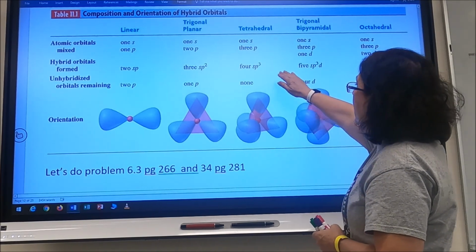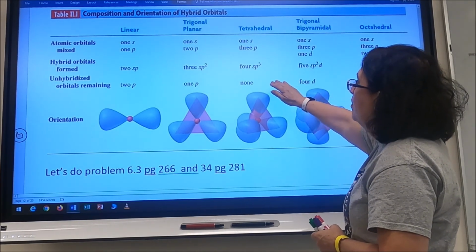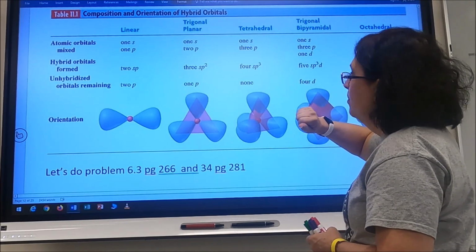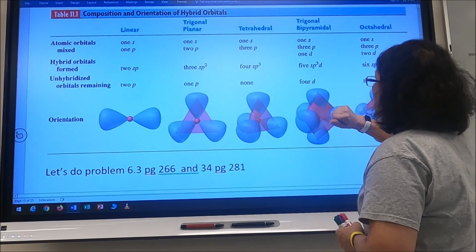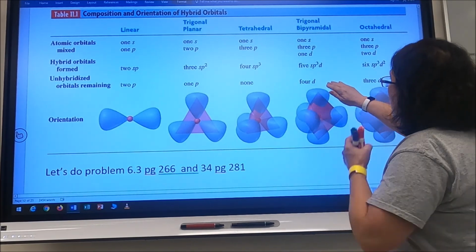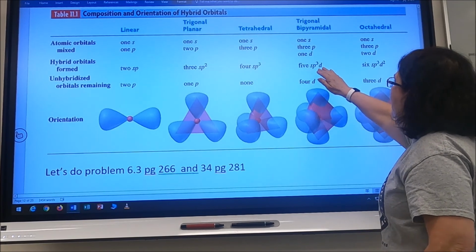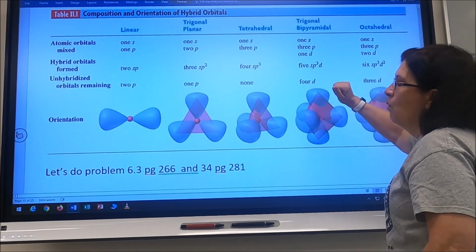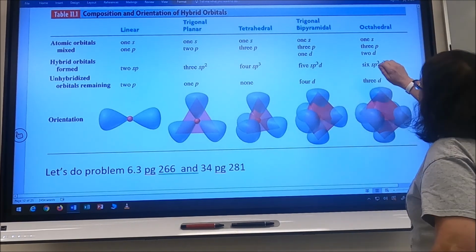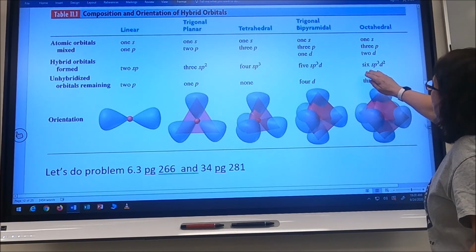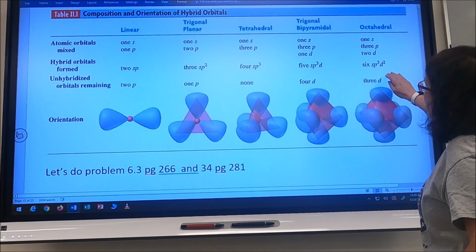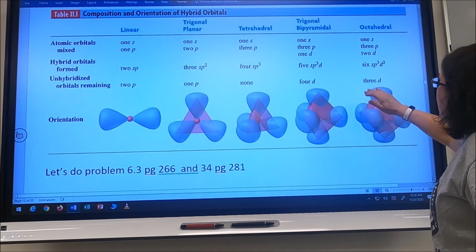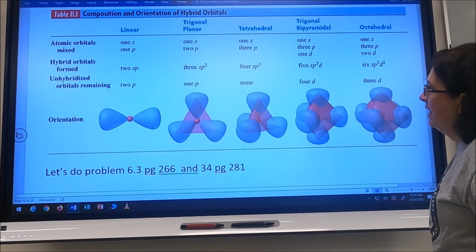In tetrahedral, sp3 hybridization, no unhybridized valence orbitals. In trigonal bipyramidal, we're going to have 5 sp3d hybrid orbitals and 4 unhybridized d orbitals. In octahedral, we're going to have 6 sp3d2 and 3 unhybridized d.